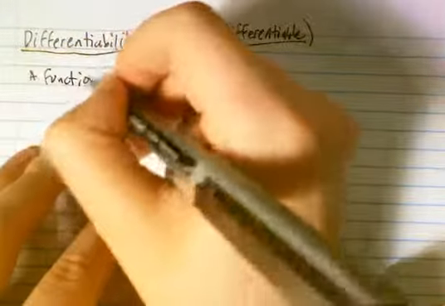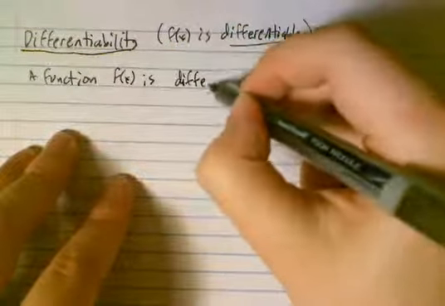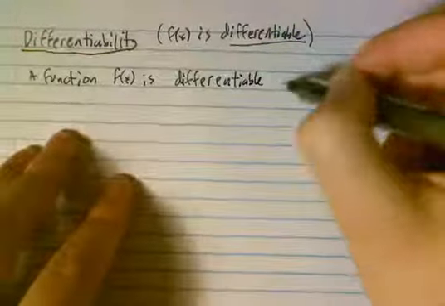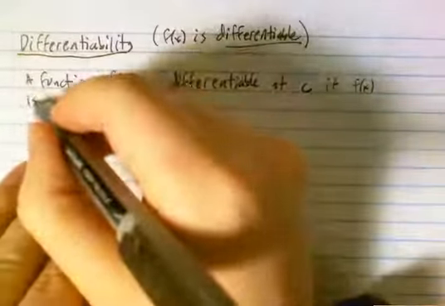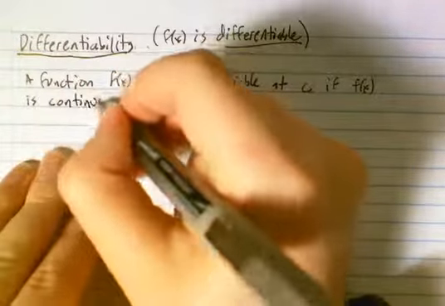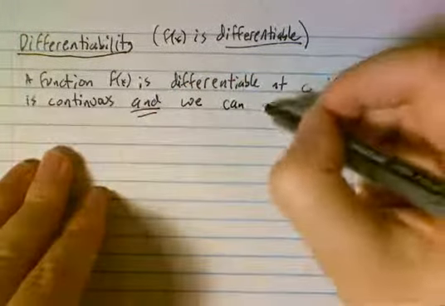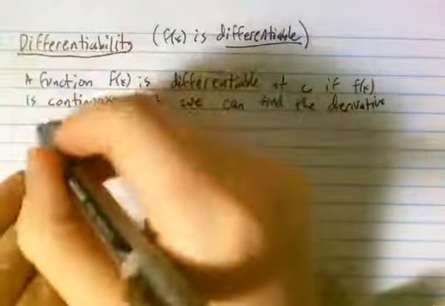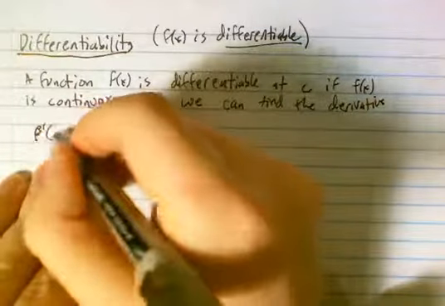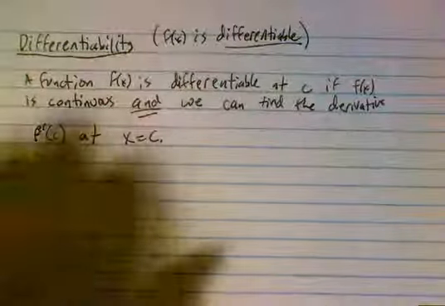A function f of x is differentiable at c if f of x is continuous, just like we were just talking about, and we can find the derivative f prime of c at x equals c. So to be differentiable, we need the following things.